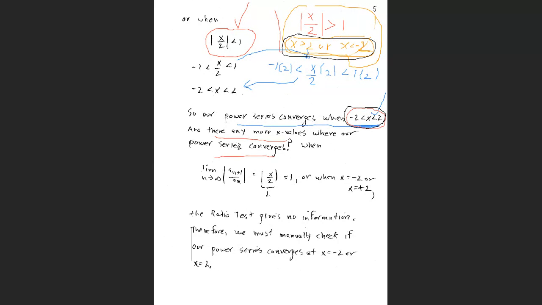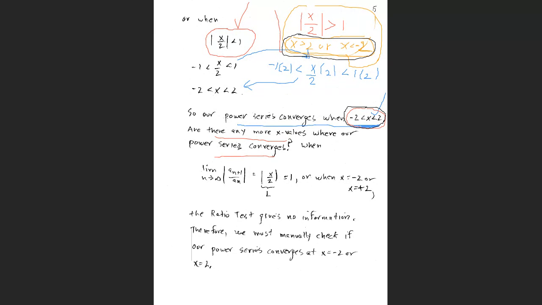Now, is that all the values of x? Do we have all the values of x accounted for on the number line? No. What's left out?